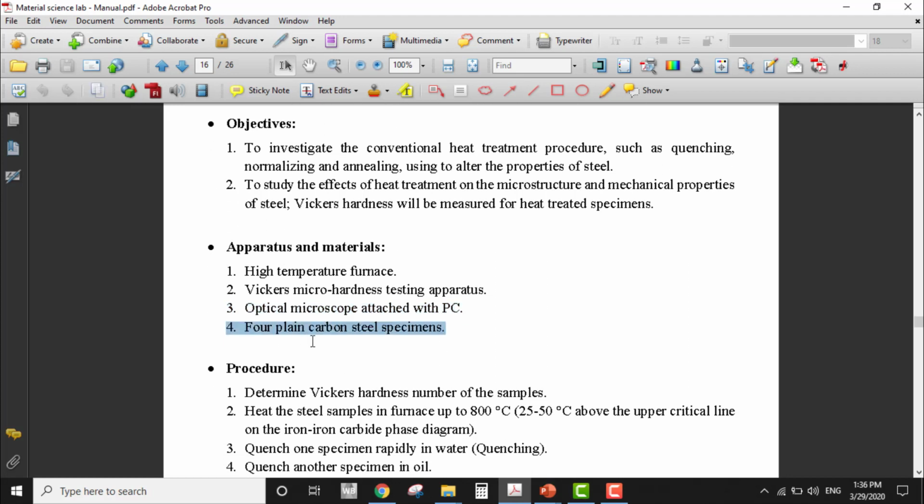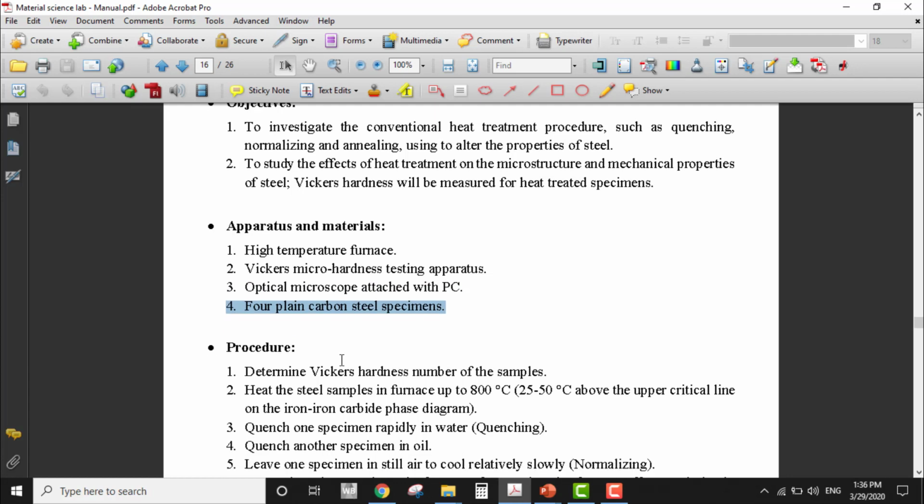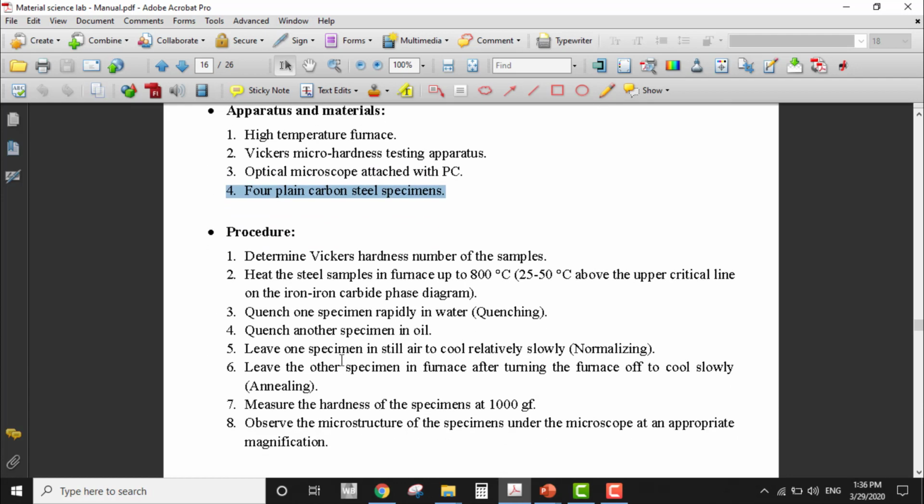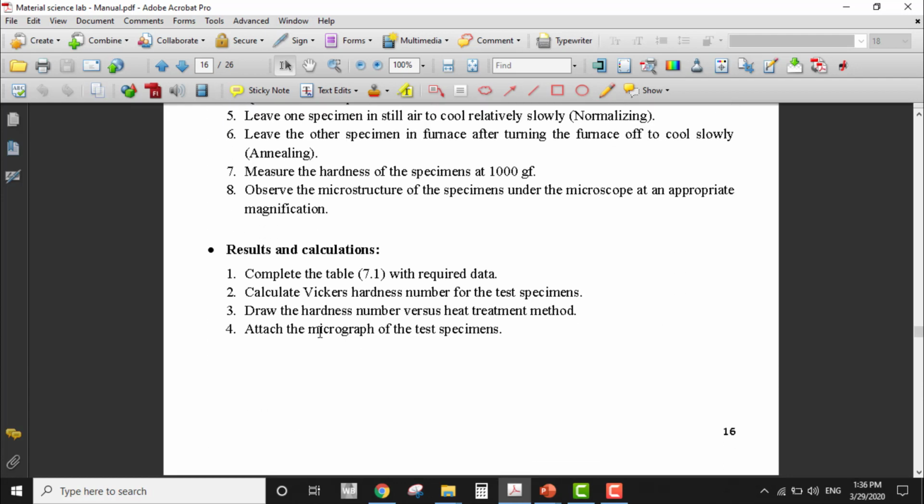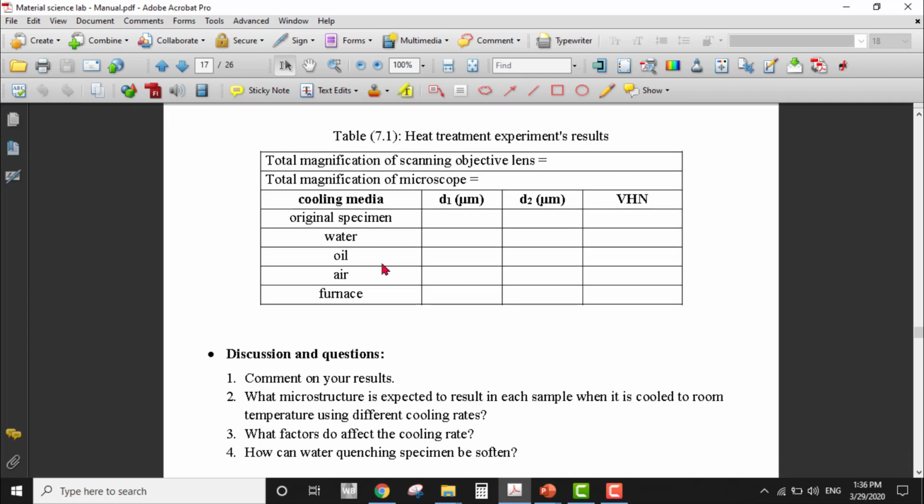And we need 4 plain carbon steel specimens. So here is the procedure. You will do it. Once we are ready, we'll have the 4 specimens. We have the original specimen, and we'll measure its Vickers hardness. We'll measure diameter 1, diameter 2, and then we'll obtain the Vickers hardness.